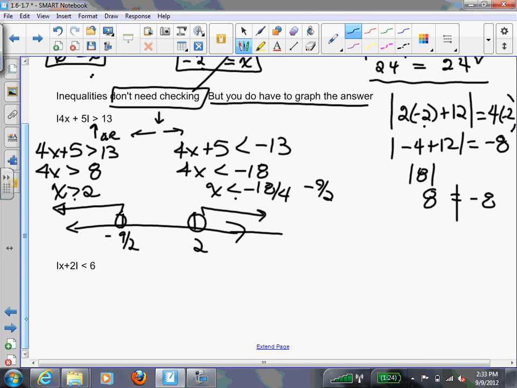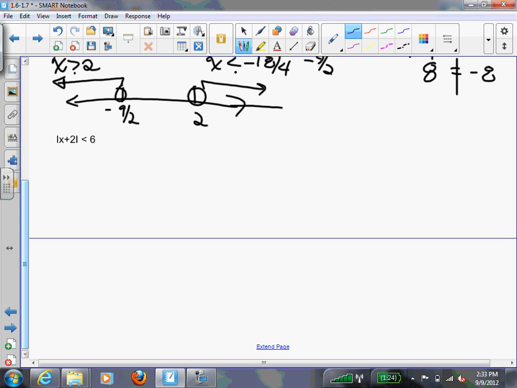Okay, the next one. If I give you the absolute value of x plus 2 is less than 6, our cases are going to be x plus 2 less than 6, and, because this is going to be an and statement, we learned that in the last section, x plus 2 is greater than negative 6.